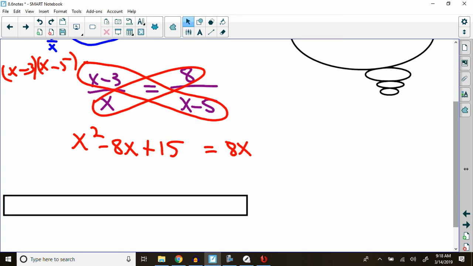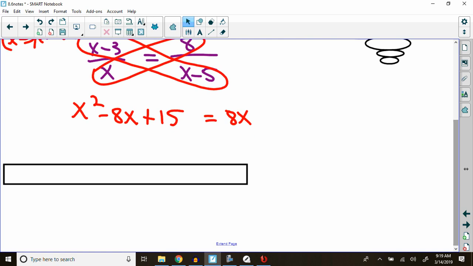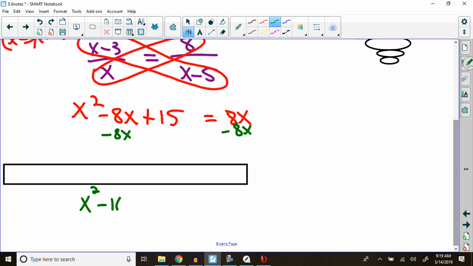Oh man, I didn't sign up for this. We're out of chapter 4. We shouldn't have to solve quadratic equations anymore. We're out of chapter 5. We shouldn't have to solve polynomial equations anymore. So we'll go ahead and subtract 8x from both sides. So we're going to have x squared minus 16x plus 15 is equal to 0.